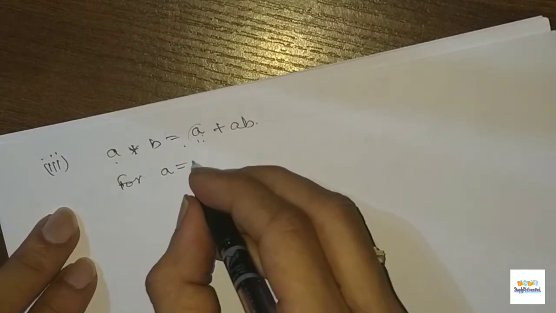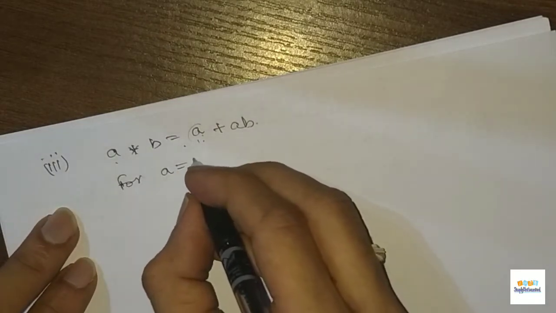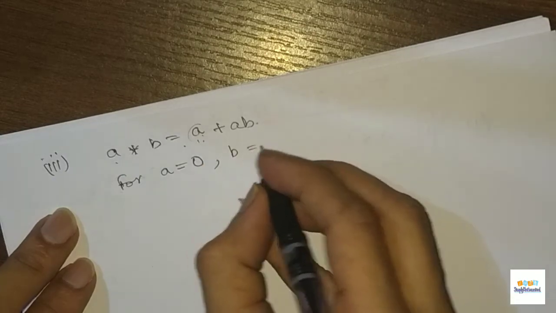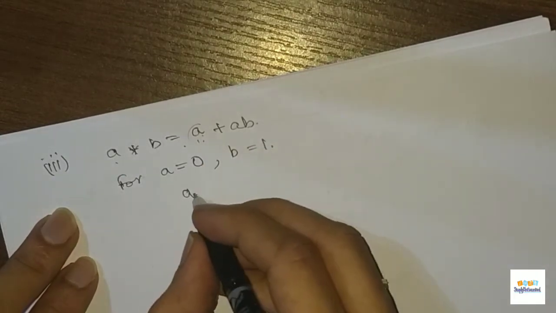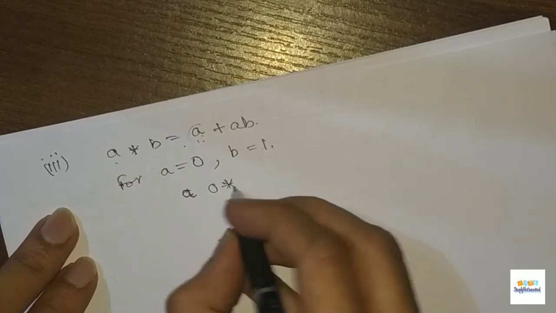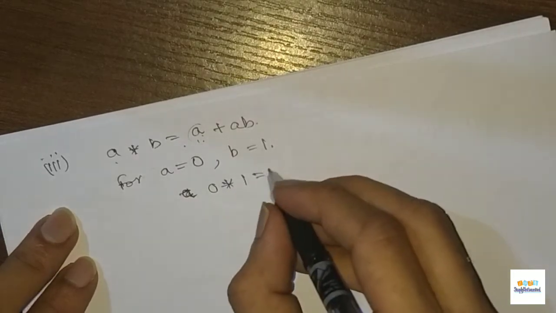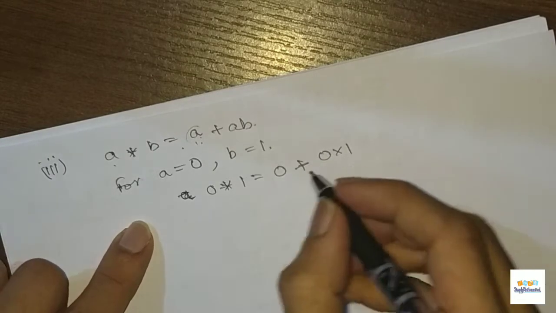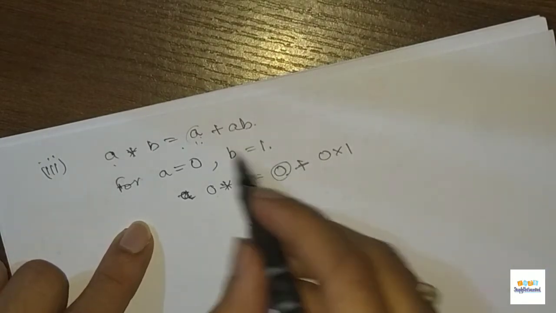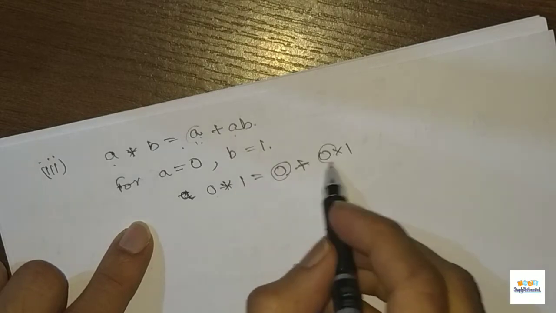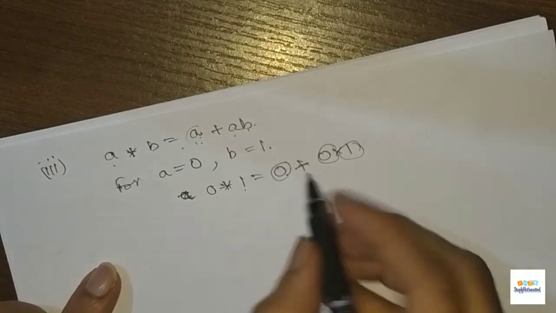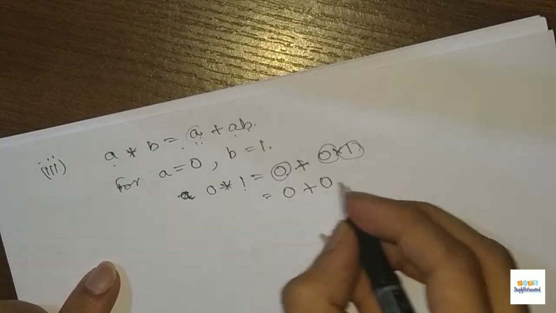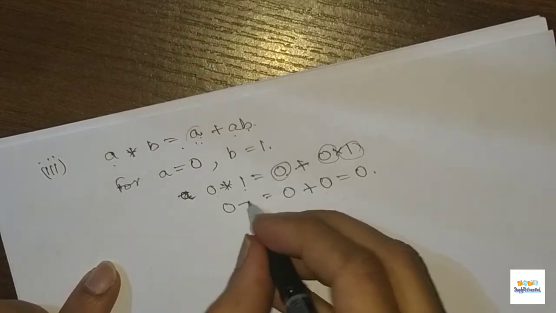Now if we take a equal to 0 and b equal to 1, what will we get? 0 star 1 will be 0 plus 0 multiplied by 1, that is a plus ab. So this is 0 plus 0, which is 0. So 0 star 1 is 0.